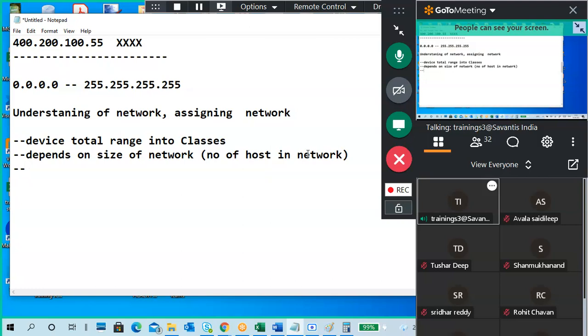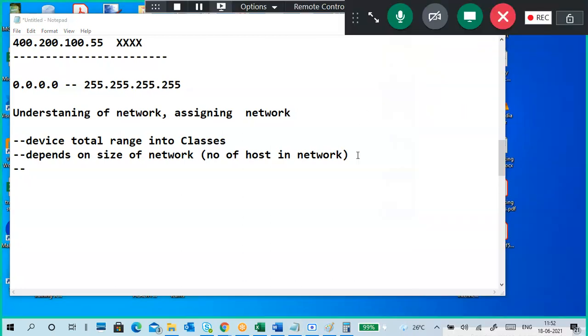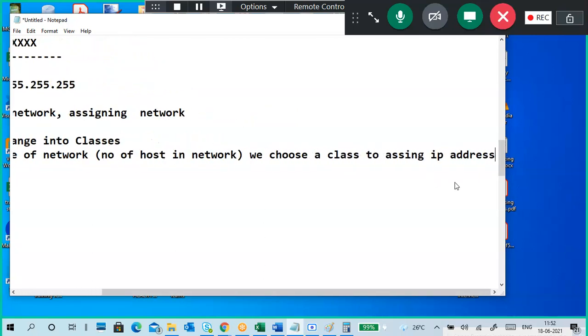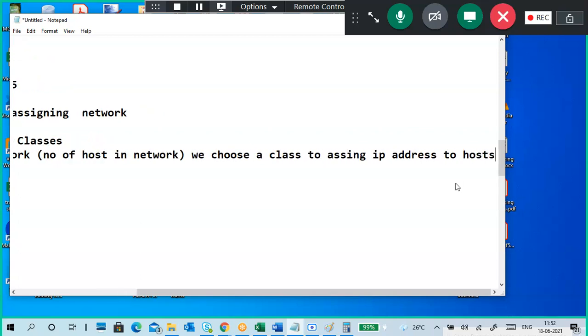So do you understand this one? The number of hosts in the network represents the size of the network. So it depends upon the size of the network. We choose a class to assign IP addresses to hosts.